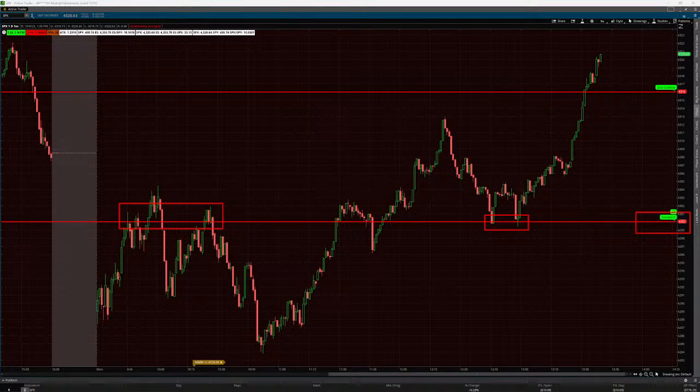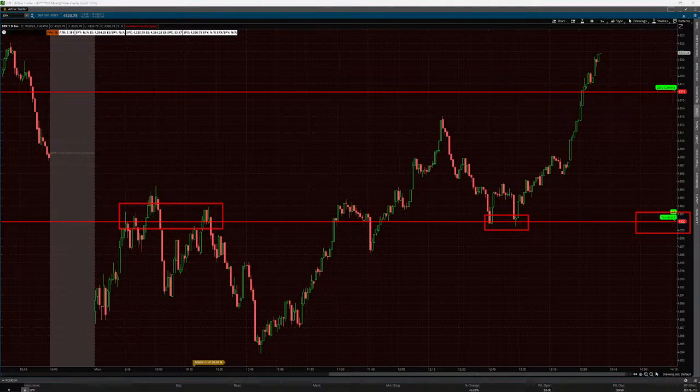So the 4,300 level, very important pivot level today. Now price is moving decisively above that as it acted as support right around 12:45 and 1 o'clock.